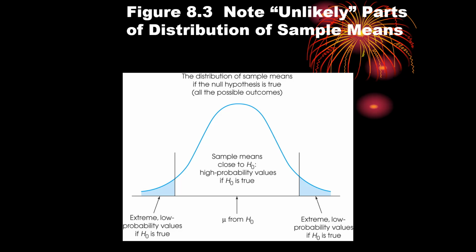So, for the purposes of this hypothesis testing lecture, we will talk about distribution of sample means and extremely low probability values within the context of a z-test example, okay? Based on what I was discussing in the previous slide, bear in mind that we're looking at the anxiety scores of a sample and we're comparing it to the anxiety scores of a population.